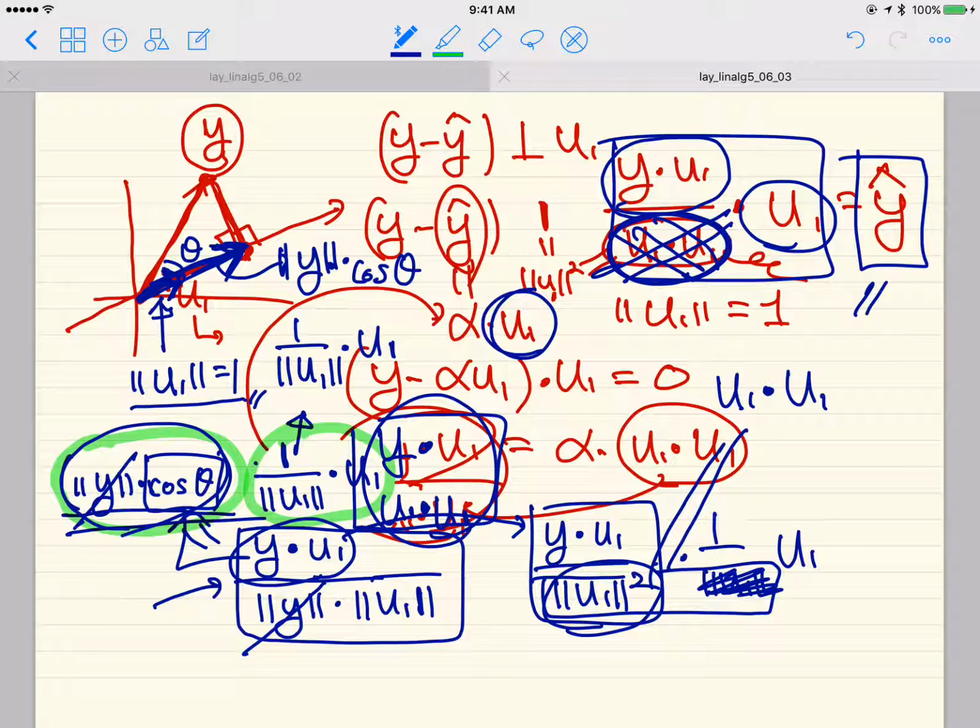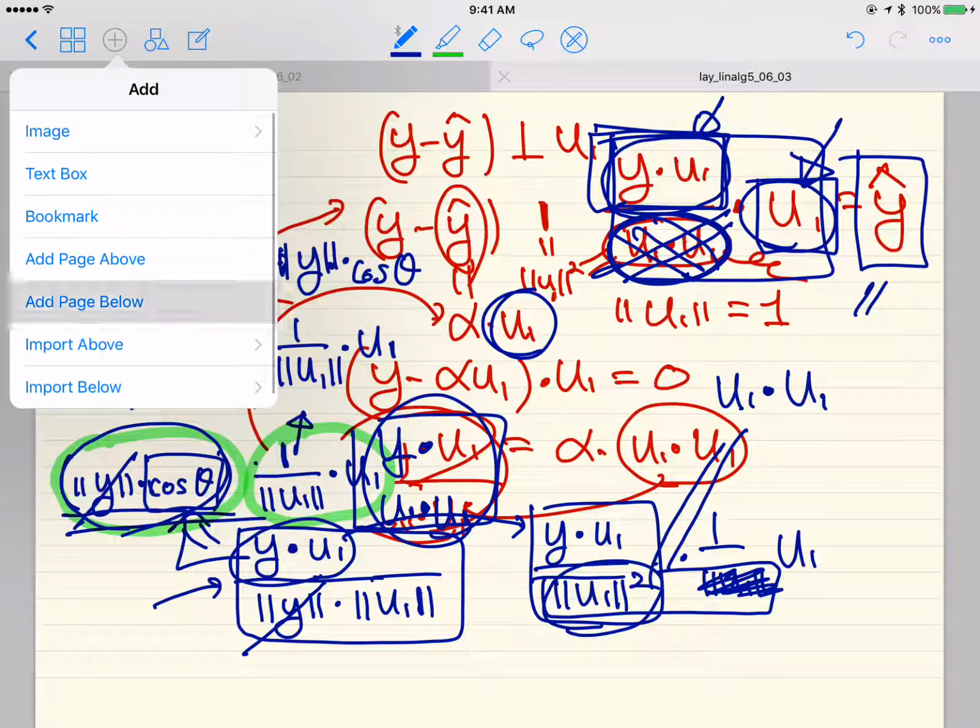From the perspective of the length part and the direction part, what is the length and what is the direction? This is the length part, and this is the direction part. This guy is some scalar, and this guy is giving some vector pointing in some direction.